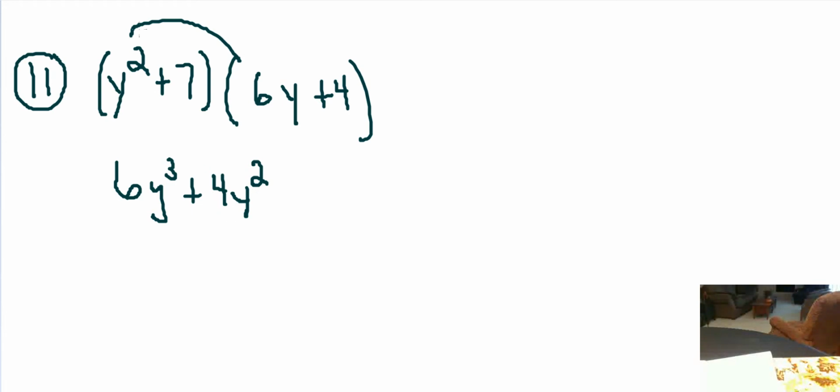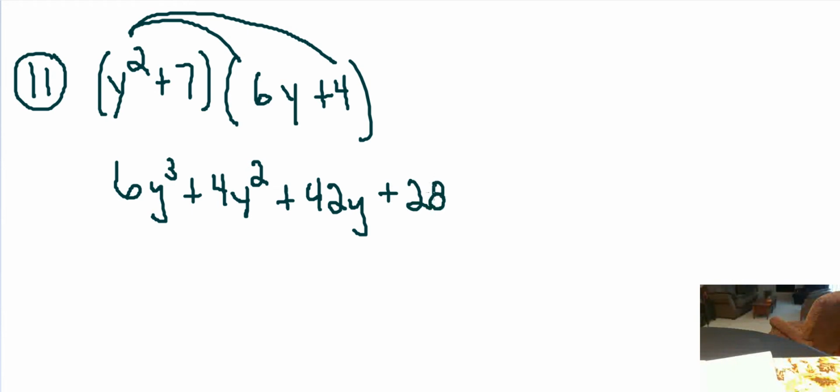That's our outside. Keep my line there. Inside is positive 42y. 7 times 6y is 42y. Last is 7 times 4, which is 28. That's this one here.